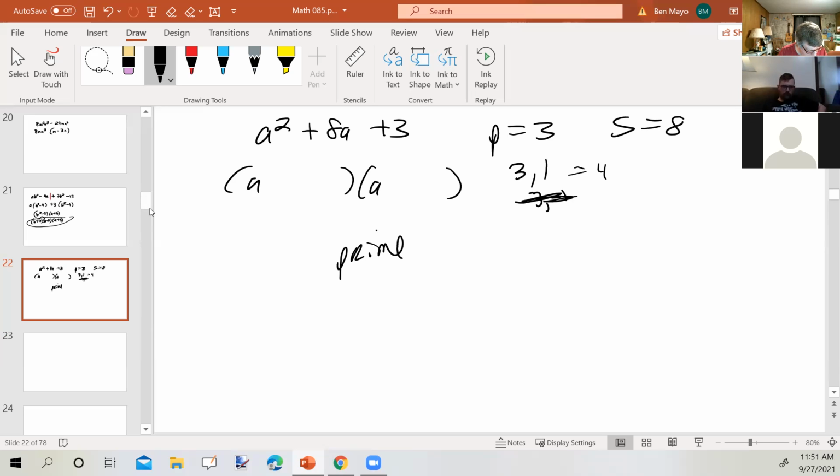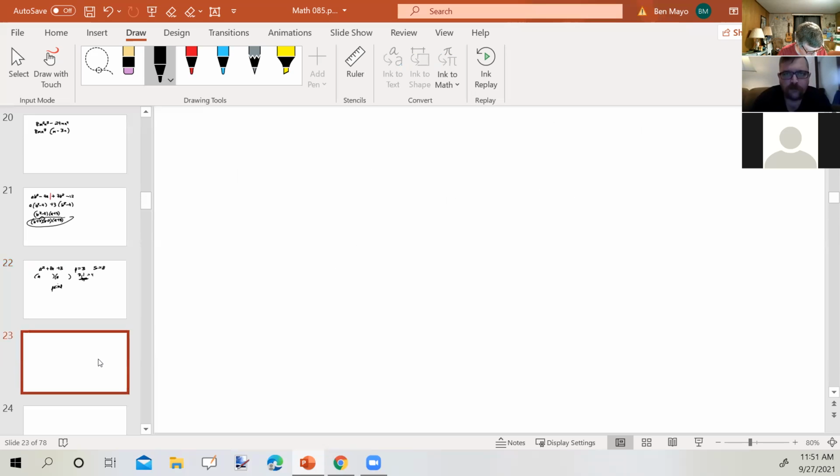How about this one? U squared minus 18u plus 81. It's a trinomial. It's in standard form. There's no greatest common factor.